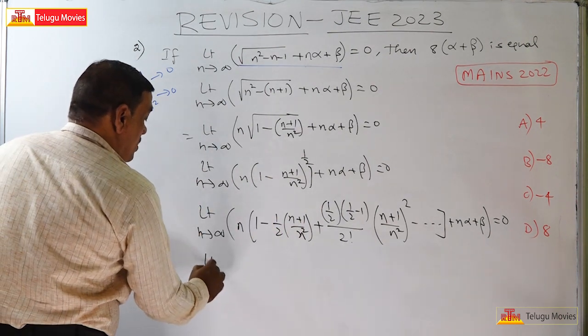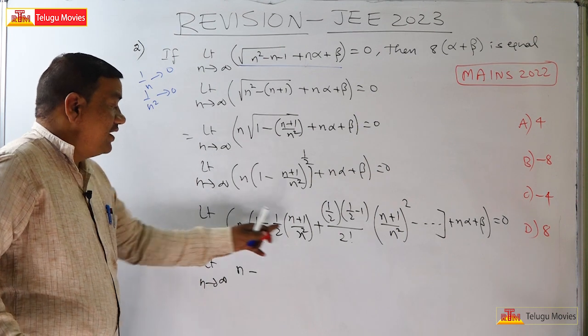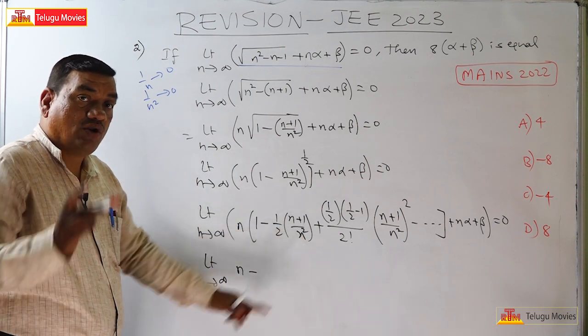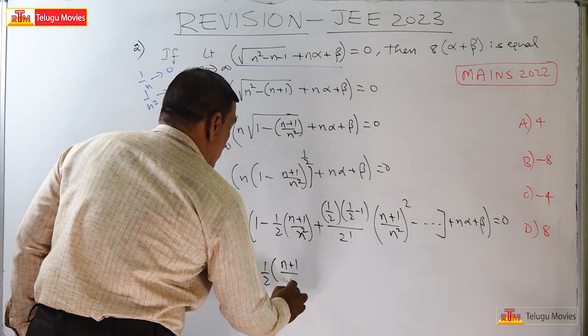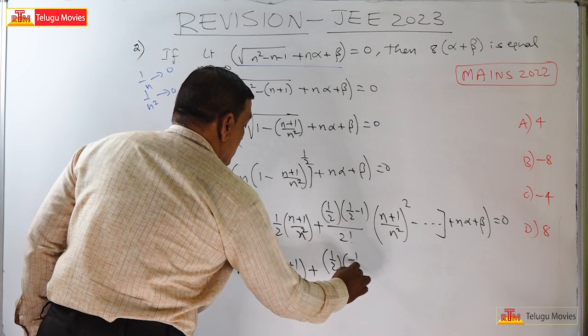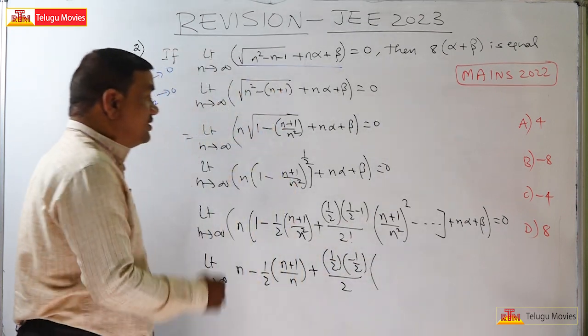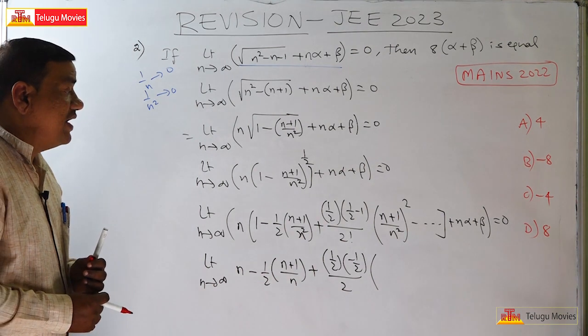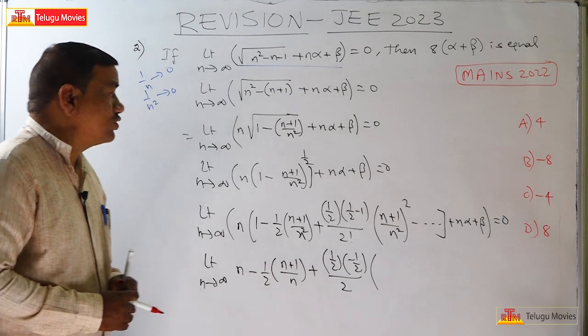So therefore, limit n tends to infinity, n minus, see here, n by n square, one n will be cancelled, that is 1 by 2 into (n plus 1) by n, plus this is 1 by 2 into minus 1 by 2 into (n plus 1) by n square whole square.